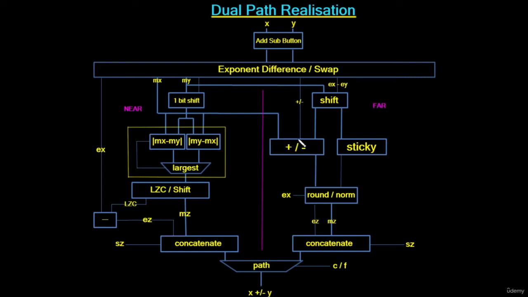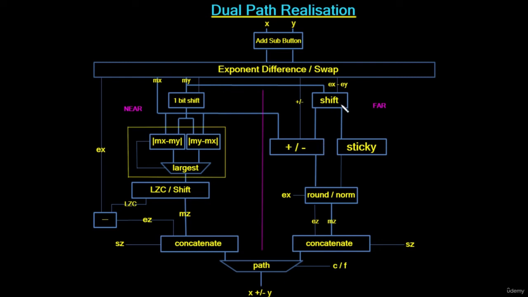We then go through either the addition or the subtraction algorithm, and again we get a control bit here which tells us which one we're going to be using. We also take a copy of the mantissa for y, and we have to shift it. So we're going to have to shift it by a factor of ex minus ey in order for us to do the addition or subtraction.